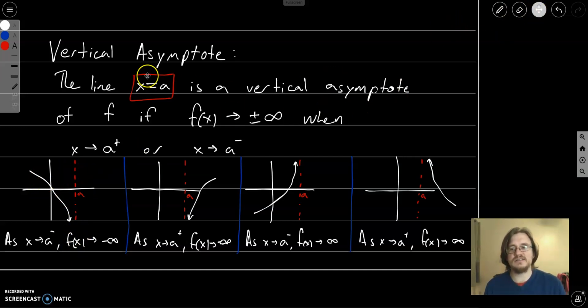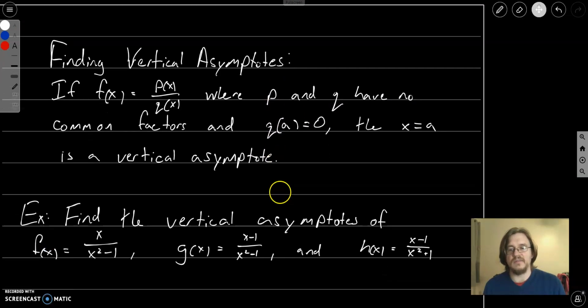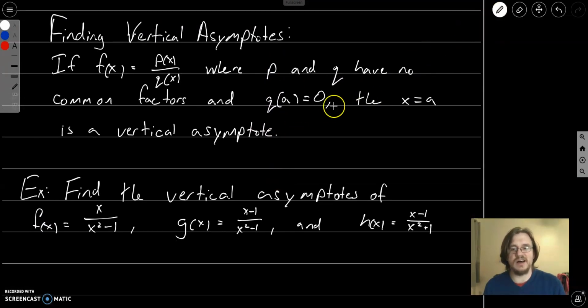So the question is, how do we find these? How do we know if there's going to be a vertical asymptote in our function? And the answer is, essentially, the line x is equal to a is going to be a vertical asymptote if there's two things. One is that we're dividing by 0 at that point.